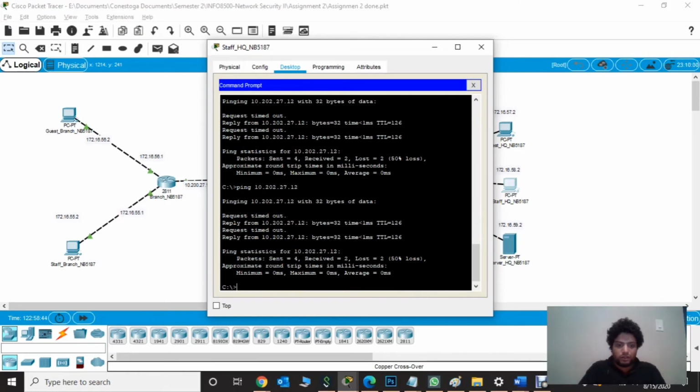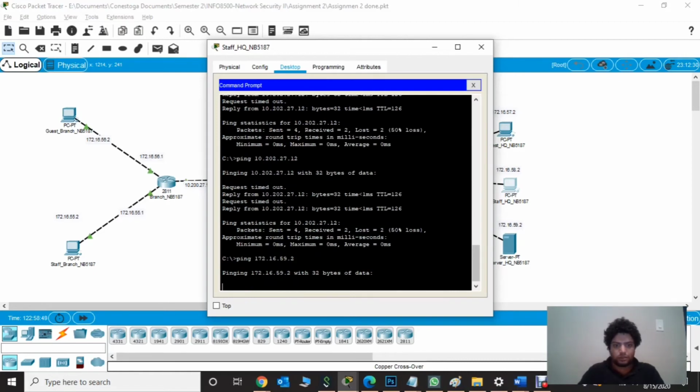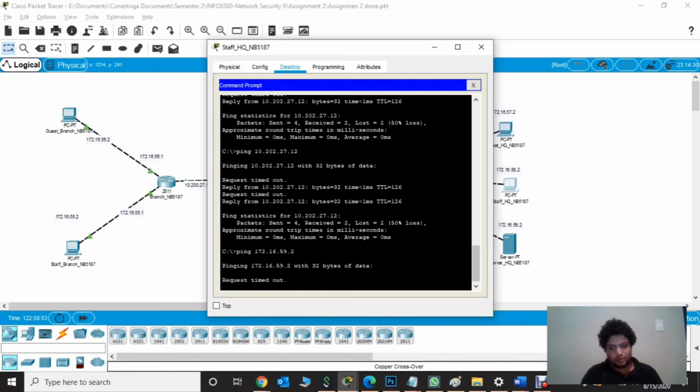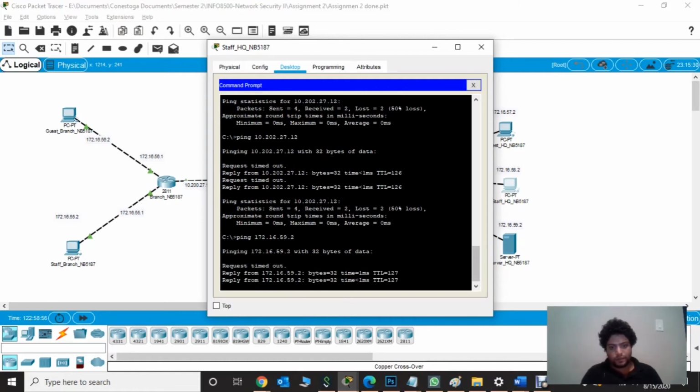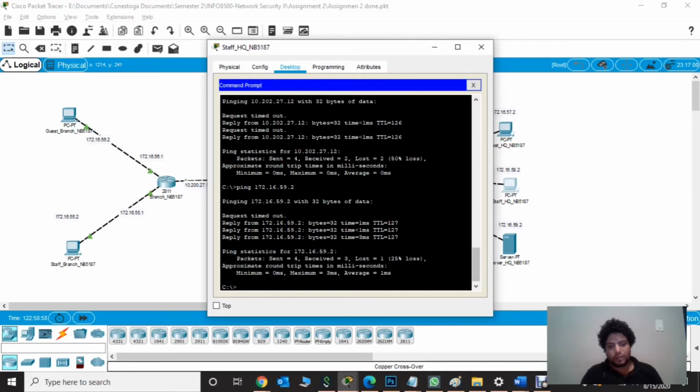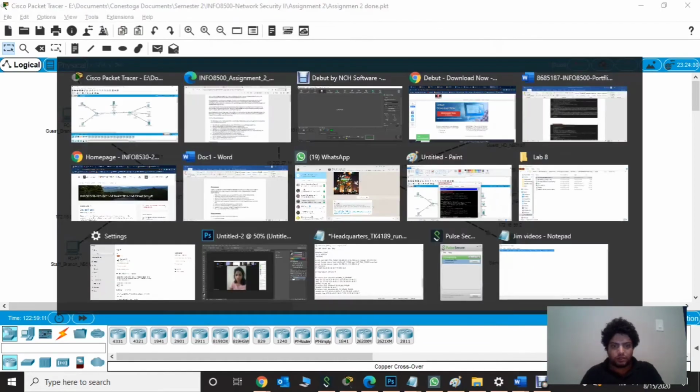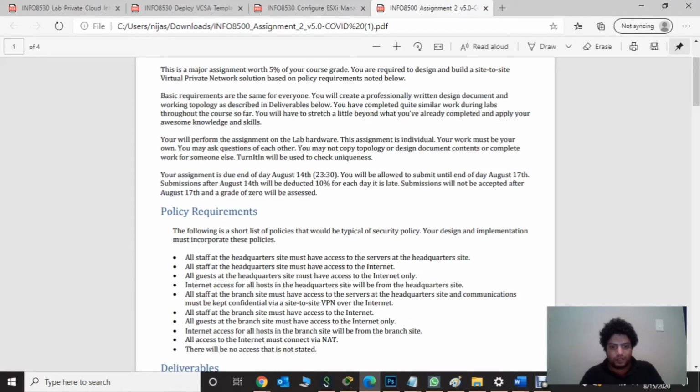Here I ping. It's pinging successfully. As you can see, there's a successful communication between the staff at the headquarters side and the server at the headquarters side, although there is a packet loss. So that looks good.